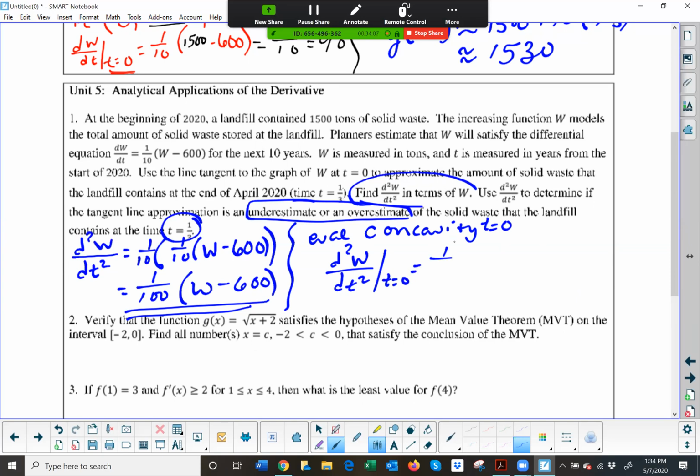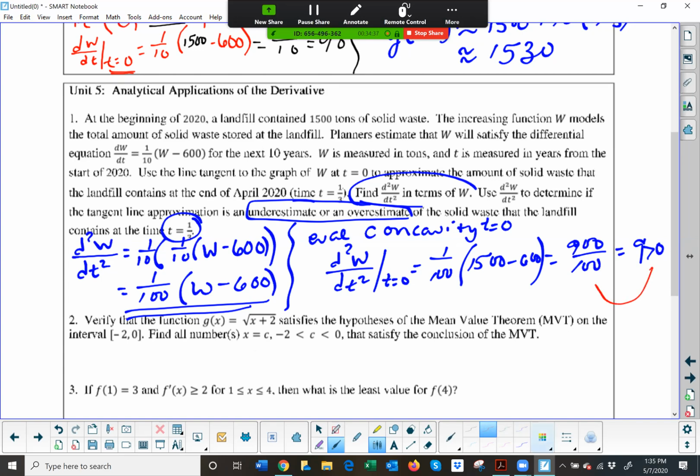At time 0, we did this evaluation already. I'd have 1/100 of 1500 minus 600, which makes 900 over 100, so we get the number 9. 9 happens to be positive, right? It's bigger than 0. Concave up or concave down? Concave up.